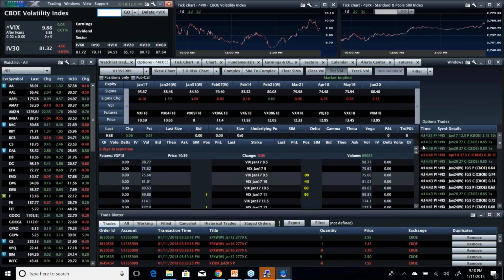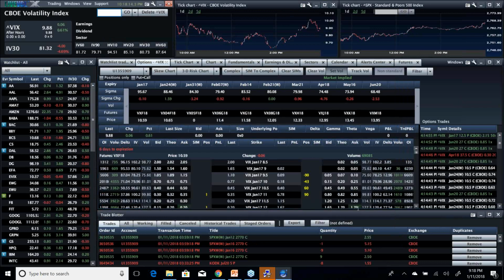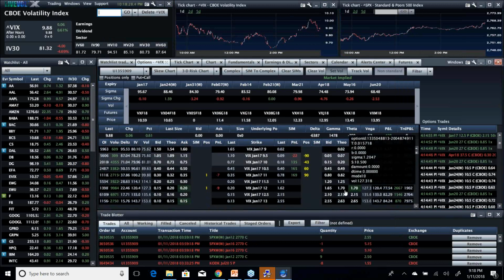How much do you guys think the 12 puts cost? Without looking, how much do you think the 12 puts cost? Well, the answer is about 1.70.